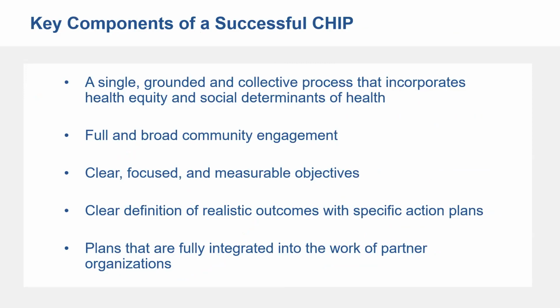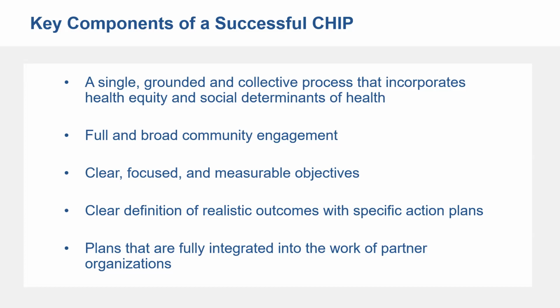The key components of a successful CHIP, some of which I've already mentioned, is a single, grounded, and collective process that incorporates health equity and social determinants of health. So within the framework, as you're moving along, is really thinking about how you are trying to disrupt inequities, and thinking about those systems and institutional challenges, and how they impact the work that you're trying to do.